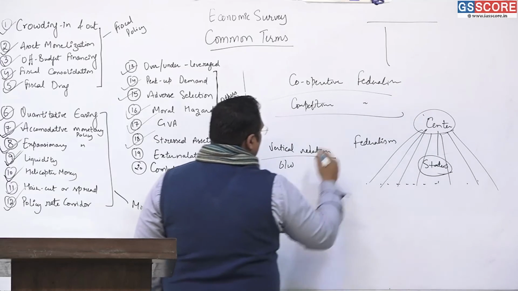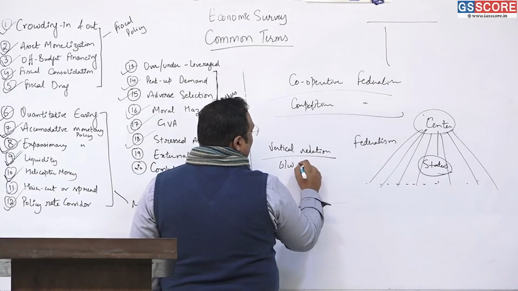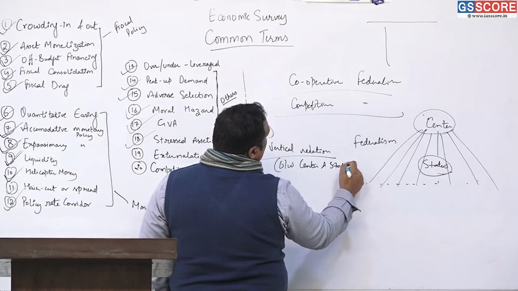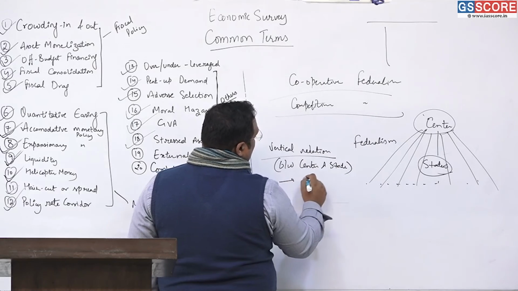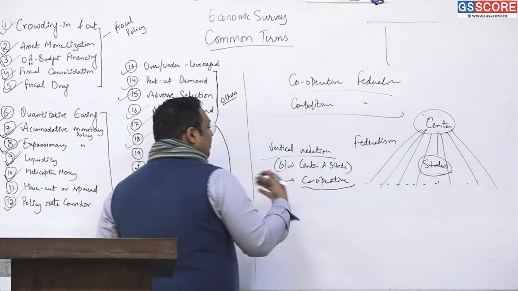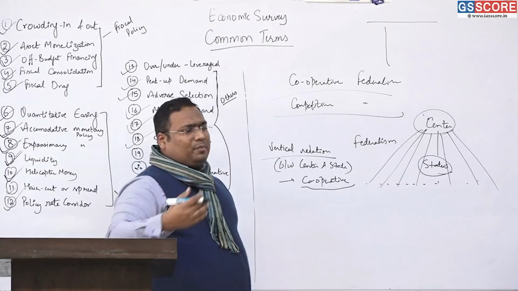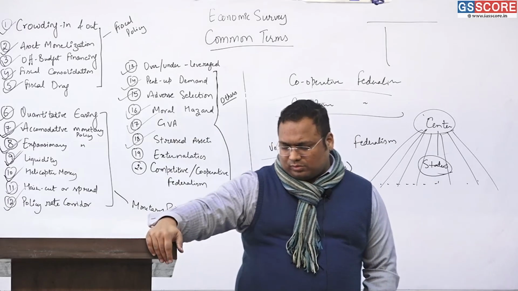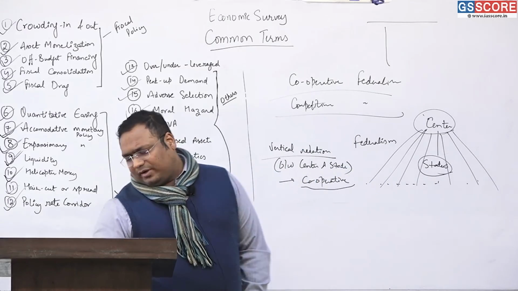So the vertical relation, that is between center and state, that should be cooperative. Center and state shall cooperate always on every matter. They should settle issues amicably. They should not get into conflict.